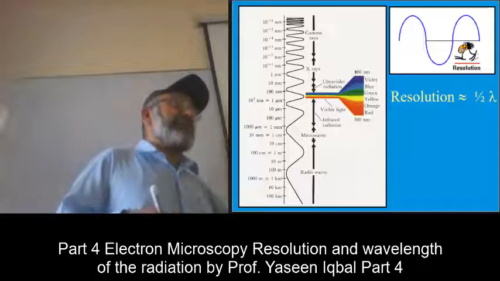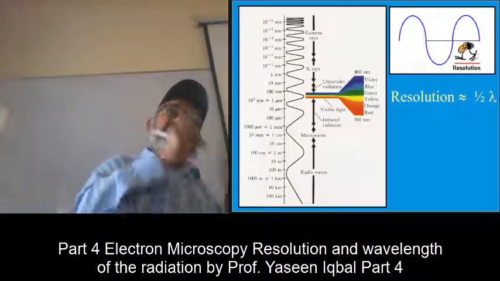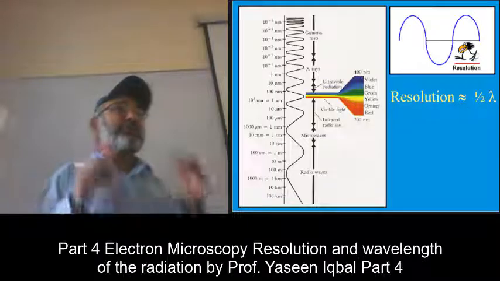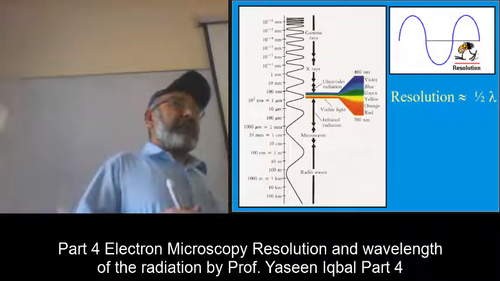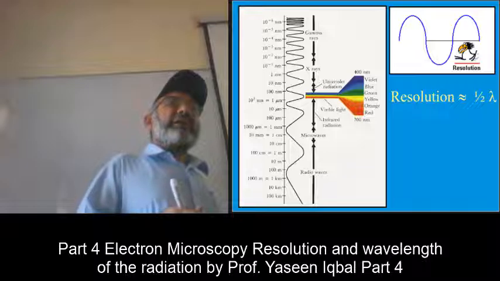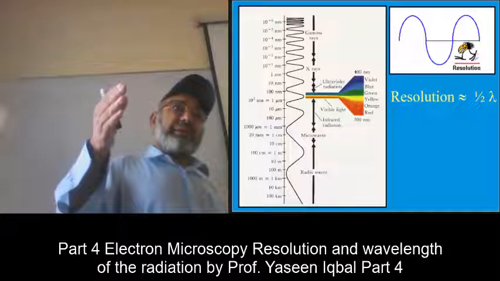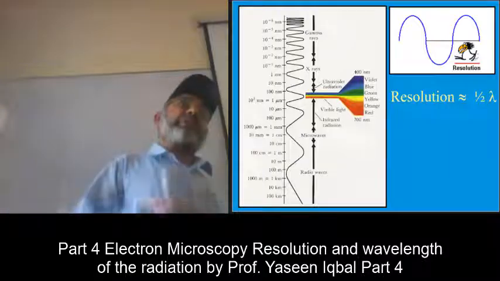But the error must be there. And error arises from statistics. If you do so many experiments that a good statistical calculation can be made, then the error is derived from there.